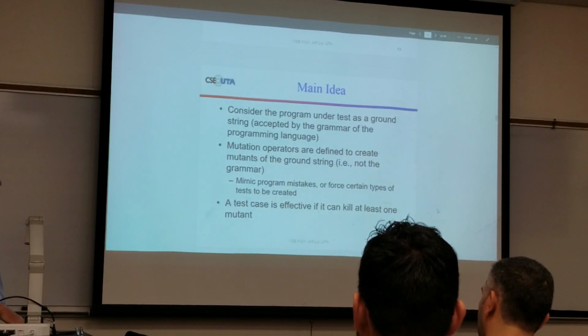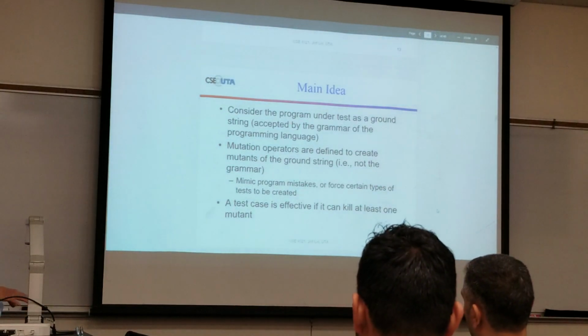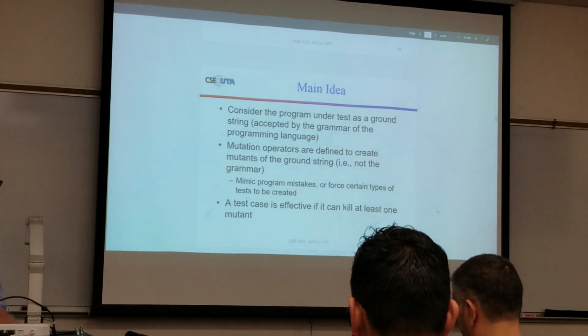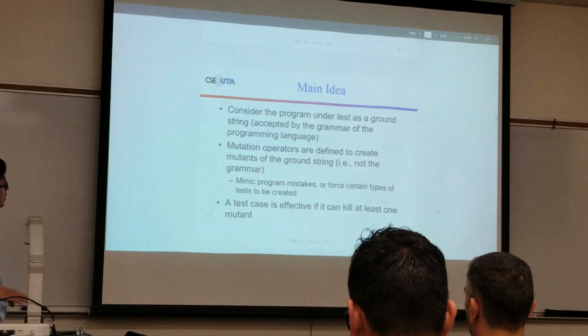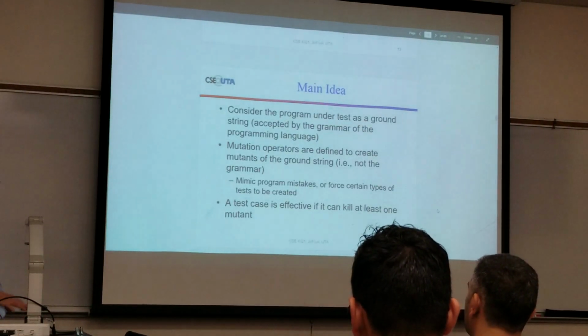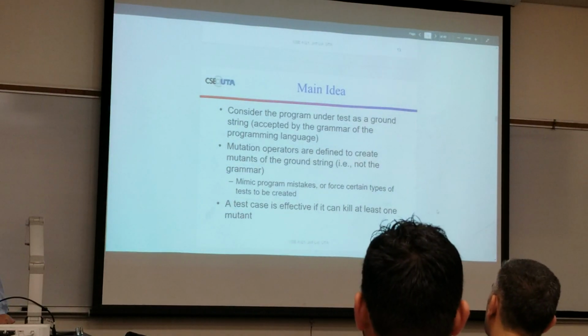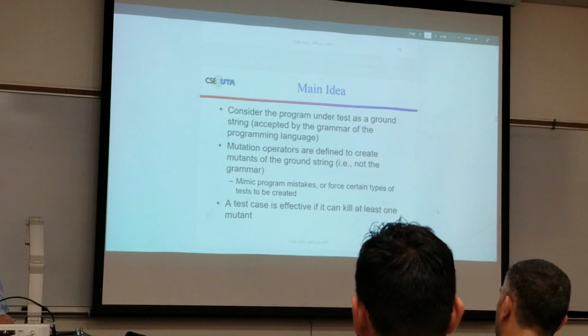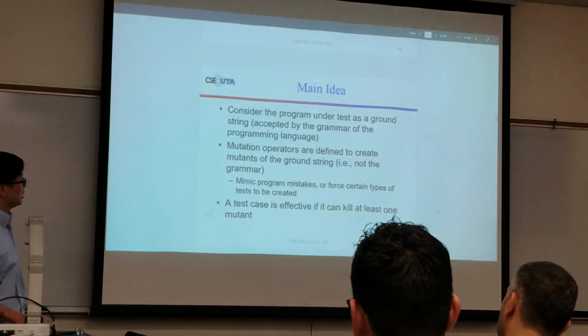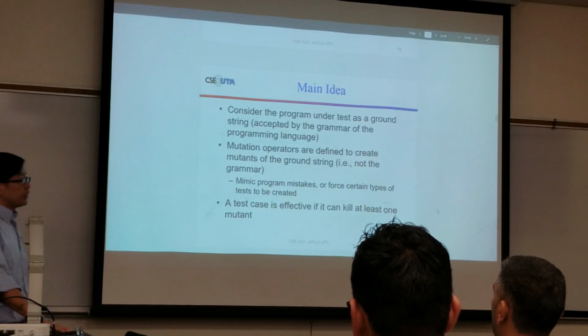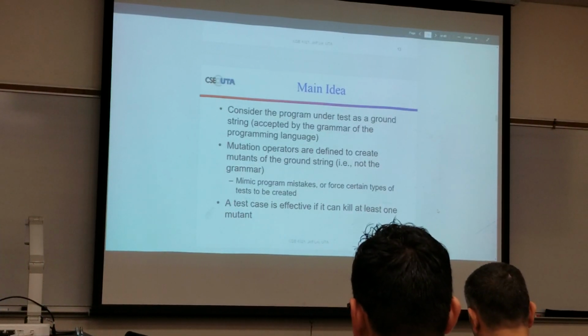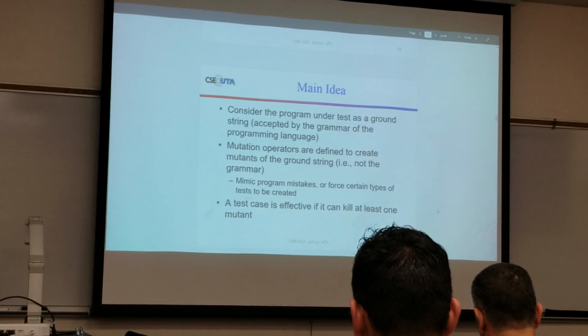So the main idea is that the program being tested is considered to be a ground string, okay, accepted by the grammar of the program, as we mentioned earlier. And the mutation operators in this context are defined to create mutants of the ground string.